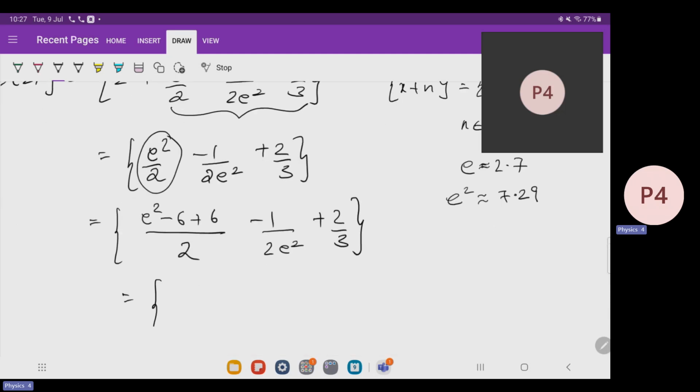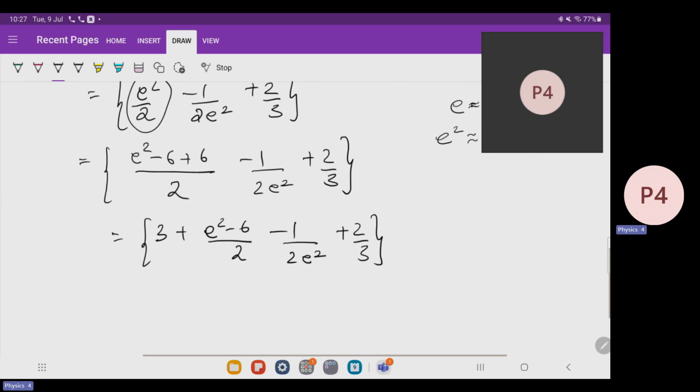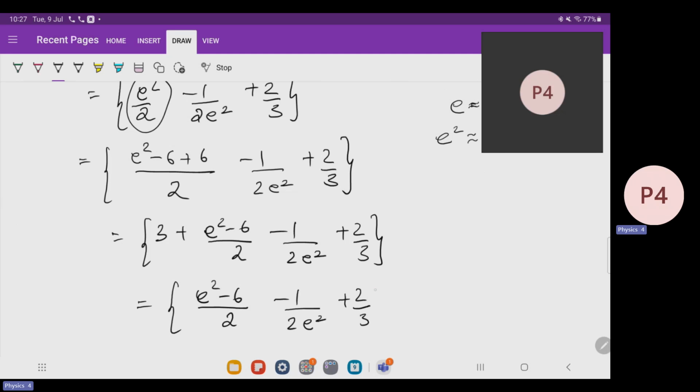So this will become 3 plus e square minus 6 upon 2 minus 1 upon 2e square plus 2 upon 3. Again, using the periodic property, this will become fractional part of e square minus 6 upon 2 minus 1 upon 2e square plus 2 upon 3.